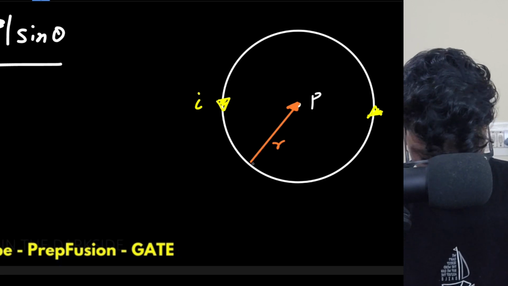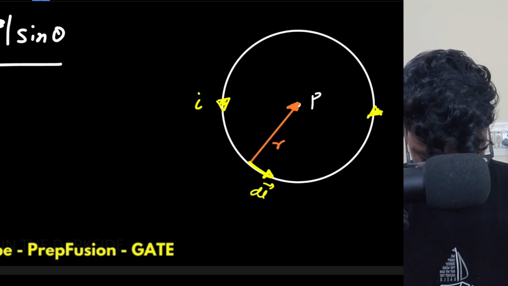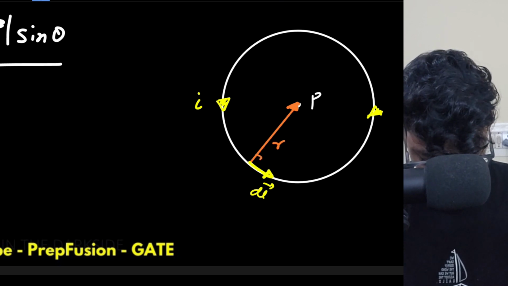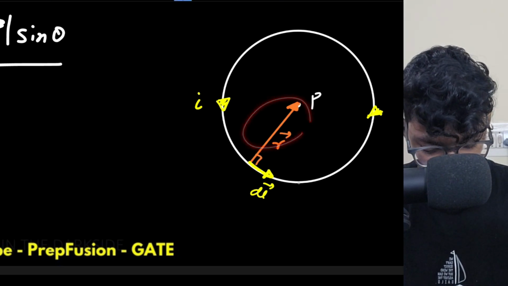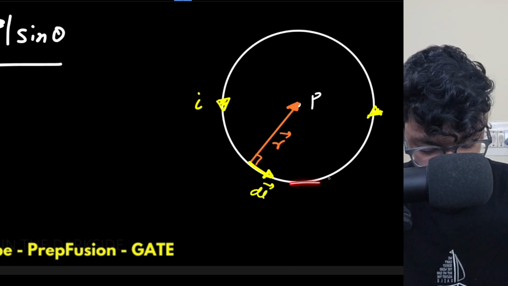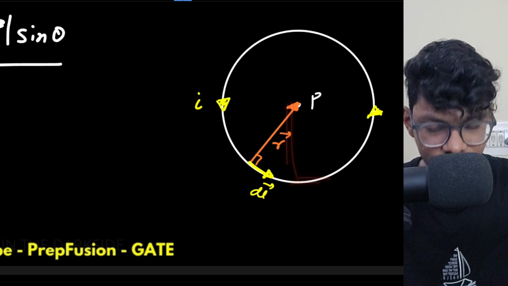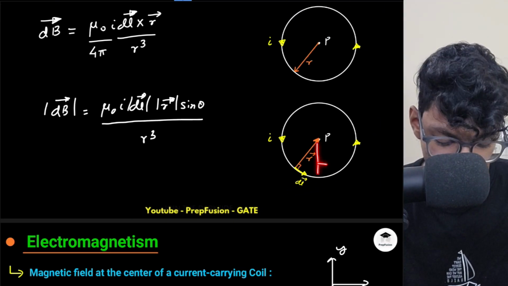And this is my dl vector, correct? What am I observing is that it is 90 degrees to the r vector, right? And it will always be the case. If I choose this point as well, it will always be 90 degrees, right? It is just a tangent, because this circle is just a tangent to this radius. So dl vector is just a tangent to the circle, so obviously it will always be 90 degrees.